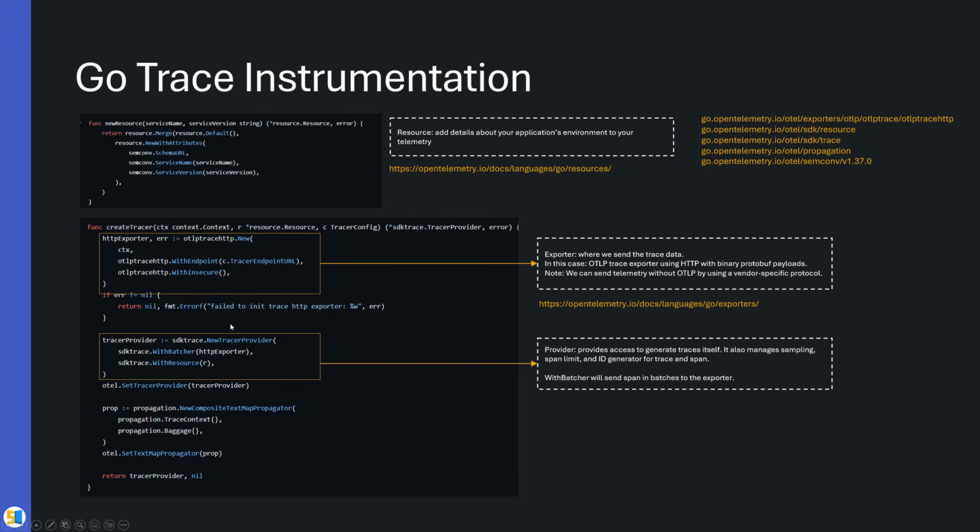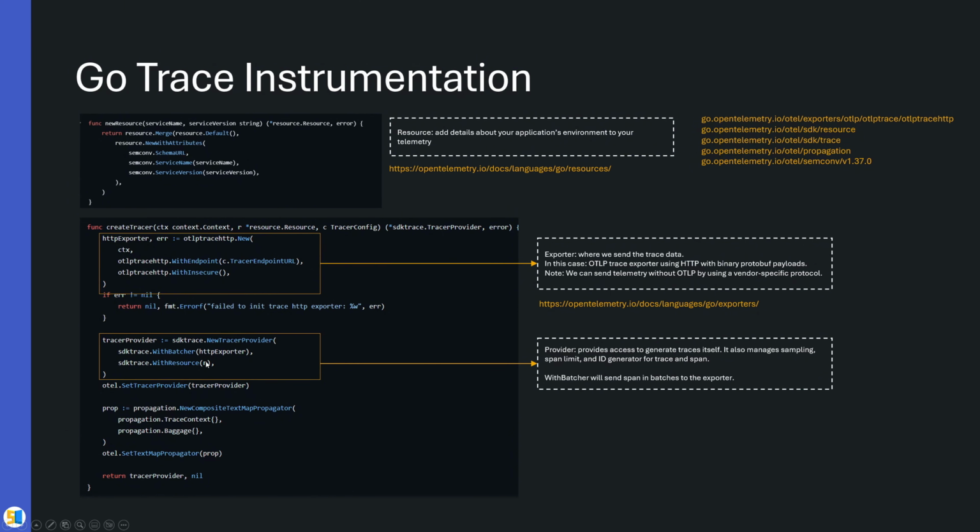After we have the exporter, next we need to create the provider, which provides access to generate the trace itself. It also manages sampling, span limit, and ID generator for trace and span. And the batcher here means it will send spans in batches to the exporter.